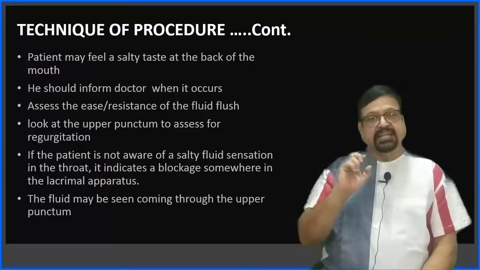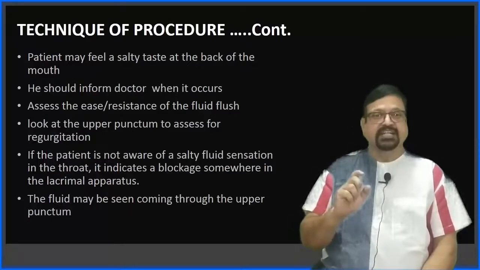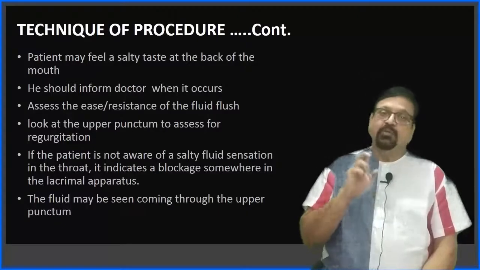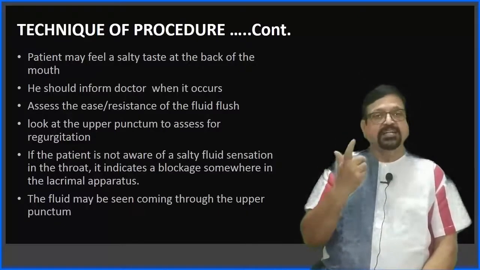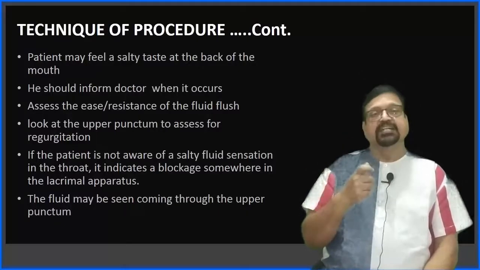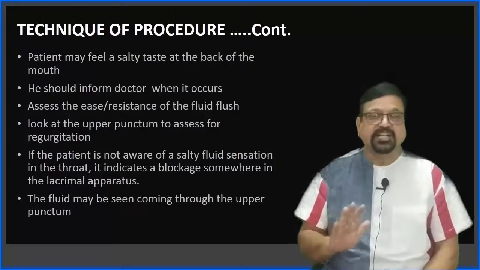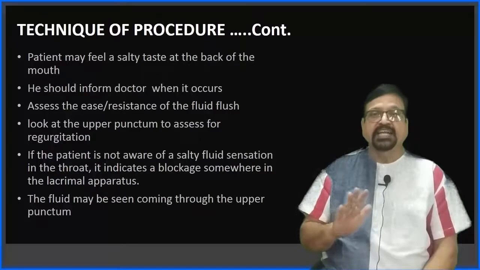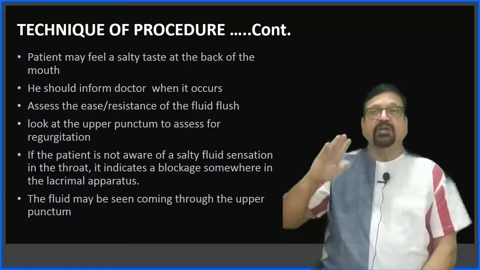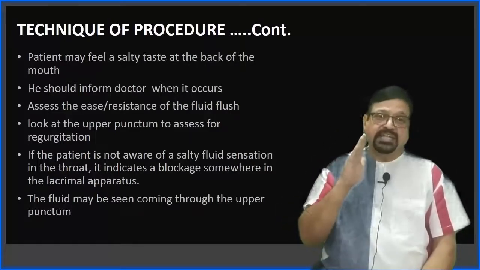Then while doing the procedure, now we have started the procedure. How we do is, we take a 2 ml syringe. In 2 ml syringe, we take a contrast. The dilution may be there, or there may not be any dilution of the contrast. What is most important here is to drain all the secretions from the lacrimal sac.